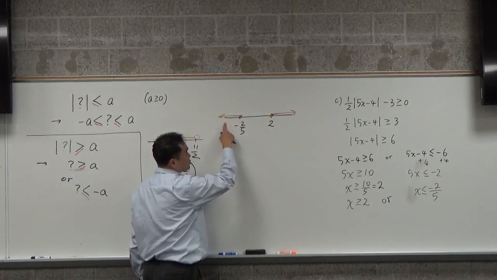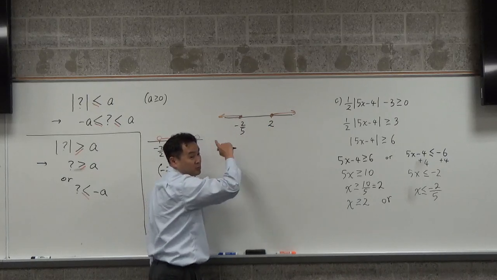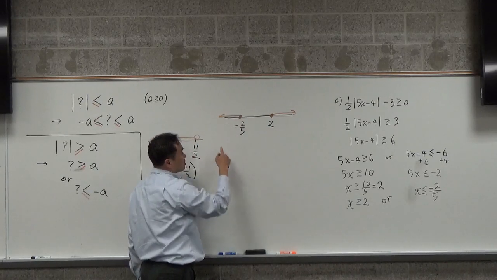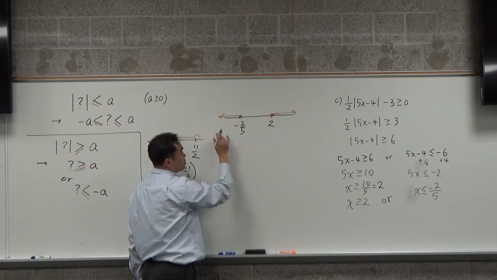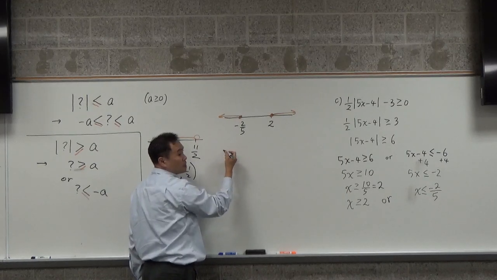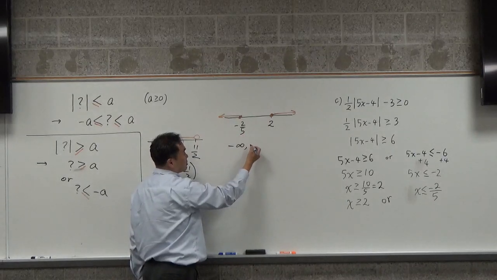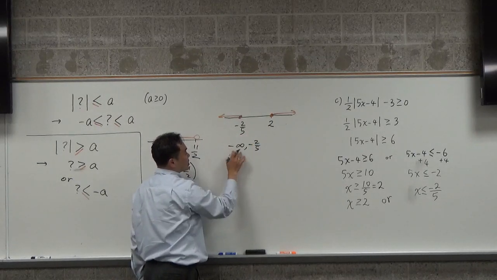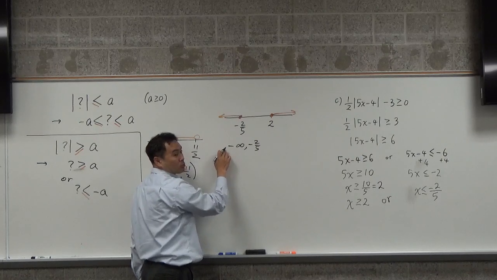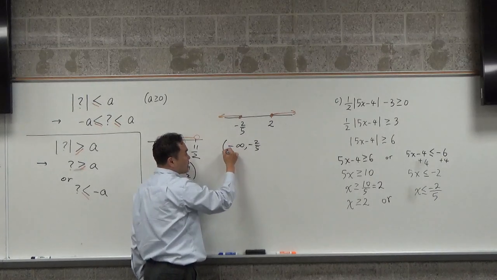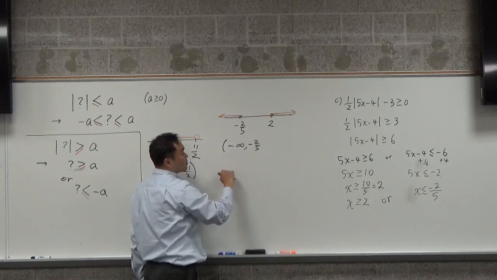Well, we have 2 intervals, 2 pieces here. The first piece begins where? Negative infinity. Where does it stop? Negative 2 over 5. For negative infinity, what do I use? Round or square one? Always round one for infinity or negative infinity.